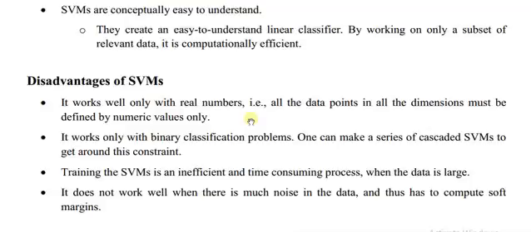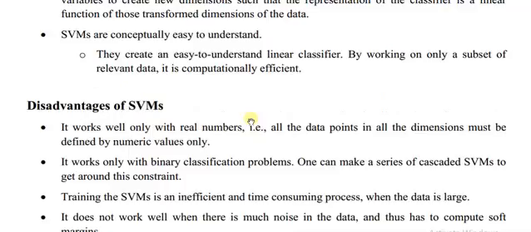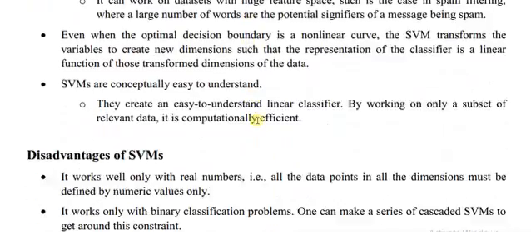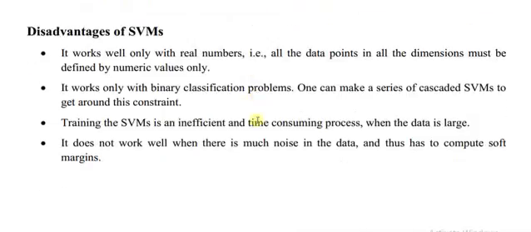That is one of the limitations of the support vector machine, but in totality support vector machines are the most advanced and state of the art classification technique for the data set.